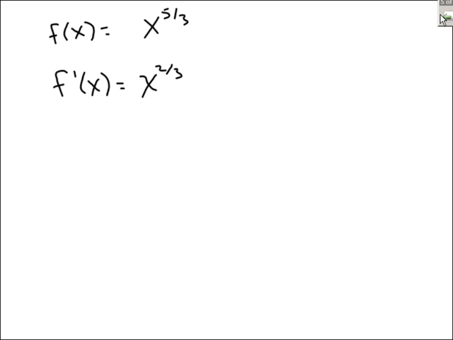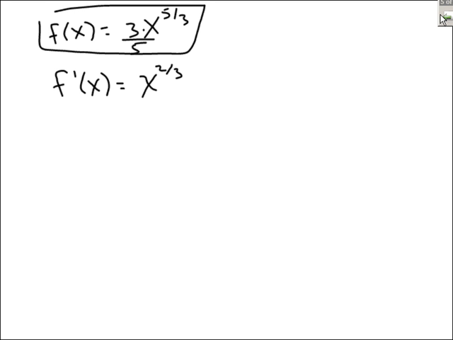Suppose I tell you that the derivative is x to the 2/3, which I guess means that the function is x to the 5/3 times 3 over 5. If you take the derivative of the top function, you get x to the 2/3.